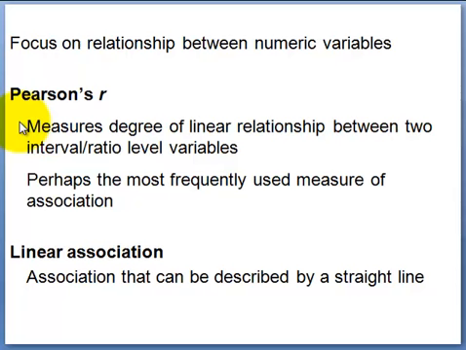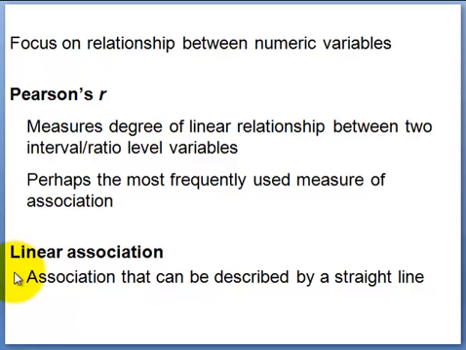A key measure in the first half of Chapter 8, and indeed really our key measure of relationship between two numeric variables, is Pearson's r. Pearson's r measures the degree of linear relationship between two interval ratio level variables, or we can just as well say pragmatically between two numeric variables.